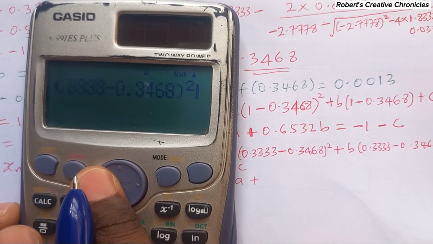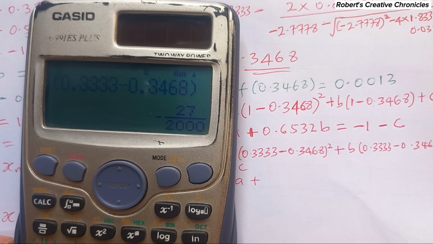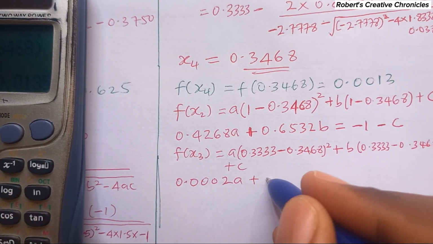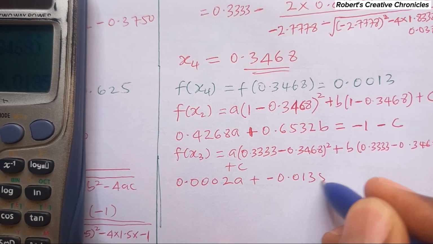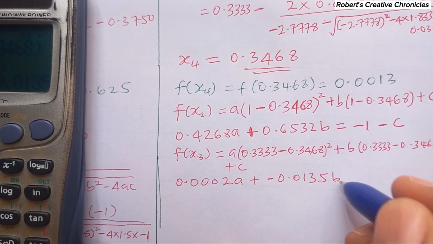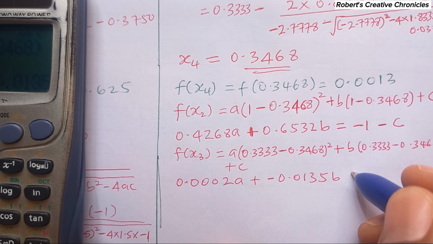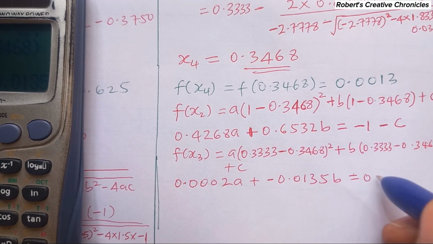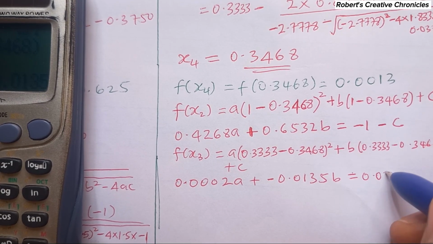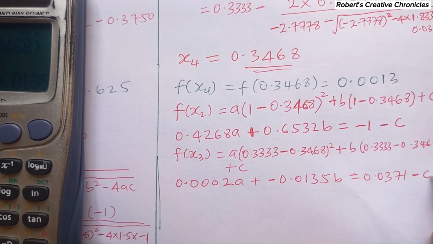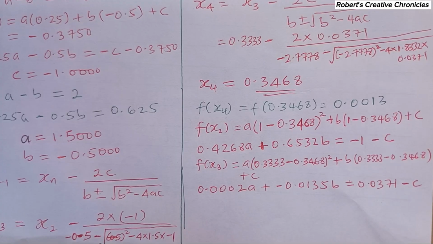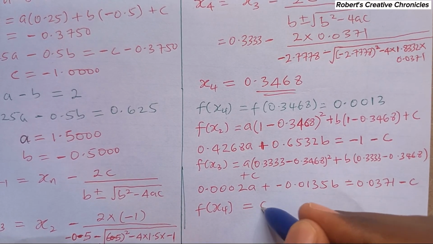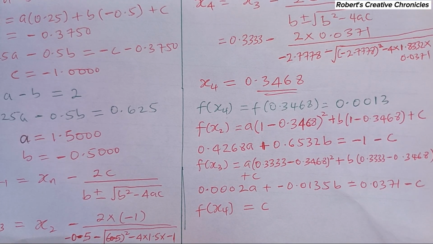This negative 0.0135. So it will be negative 0.0135 b is equals to what? fx3, which is 0.0371 minus c. So now the final one, fx4. fx4 will automatically be c, since a and b will be multiplied by 0.